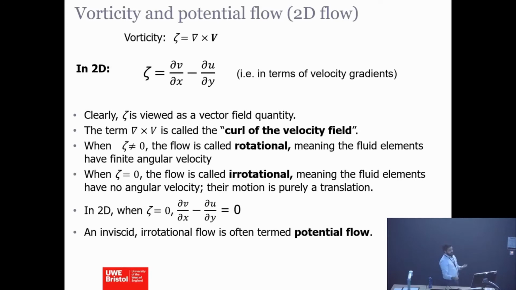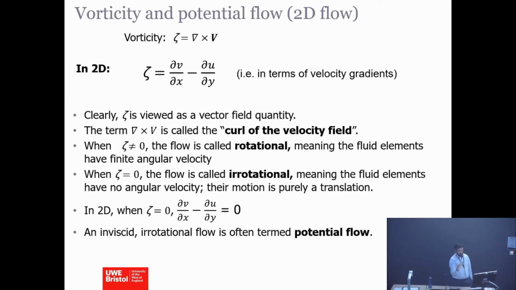And how do we know that? If we take the product of delta times the velocity field and it's 0, we are assured that none of the fluid elements is rotating. That flow then becomes an irrotational flow. In contrast, if the product of delta times v, or the vorticity, is not zero, then we say that fluid elements are rotating, and therefore we have a rotational flow.